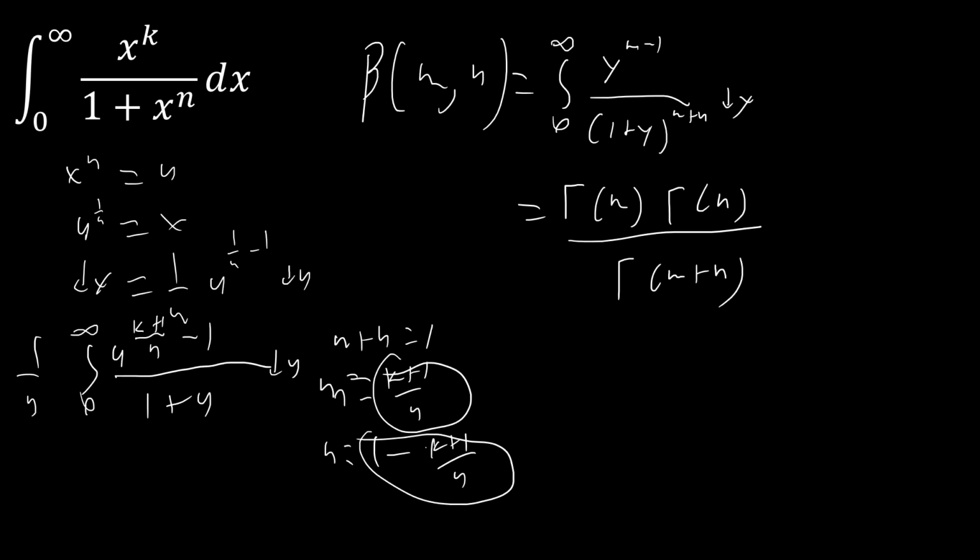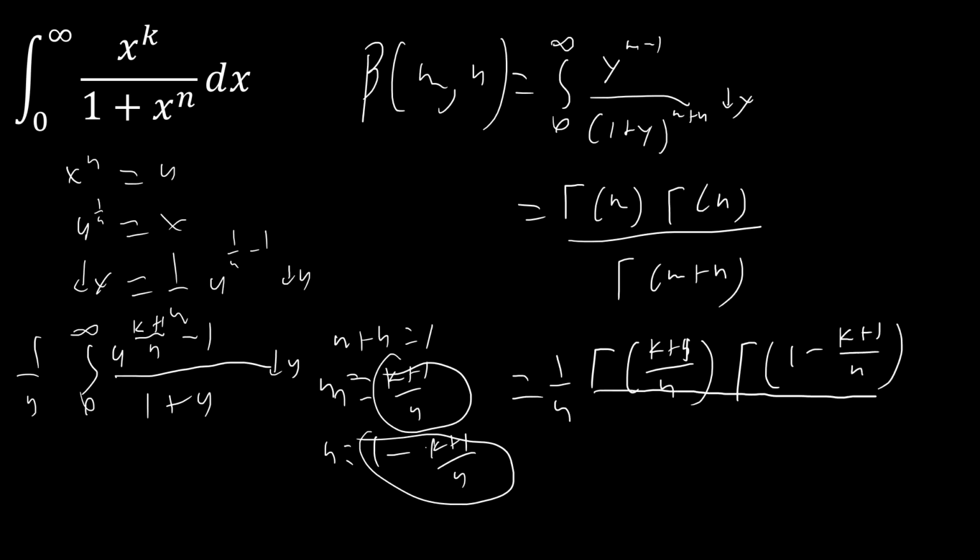So this whole integral equals 1 over n, gamma of m, so that's k plus 1 over n, gamma of 1 minus k plus 1 over n, and all over gamma of m plus n, that's just gamma of 1, so that's just going to disappear, because that's just a 1.